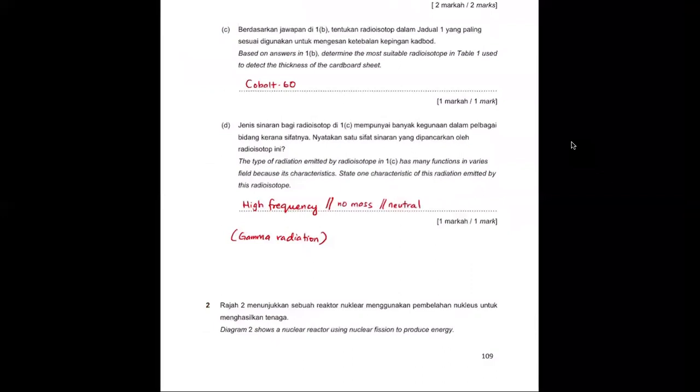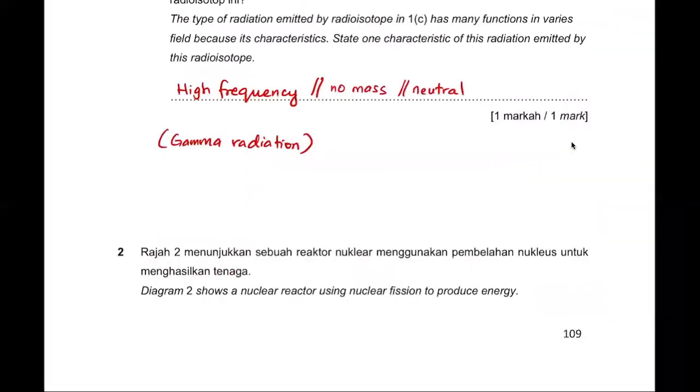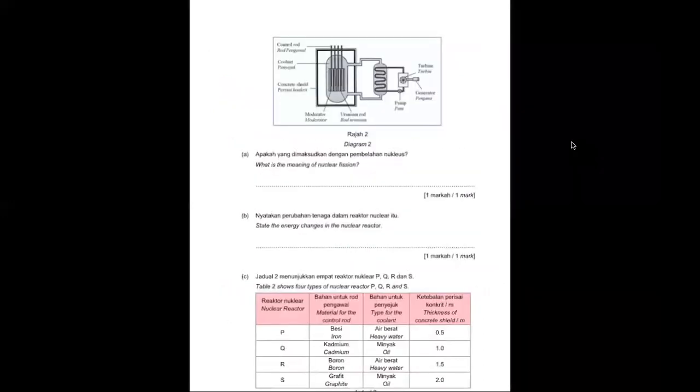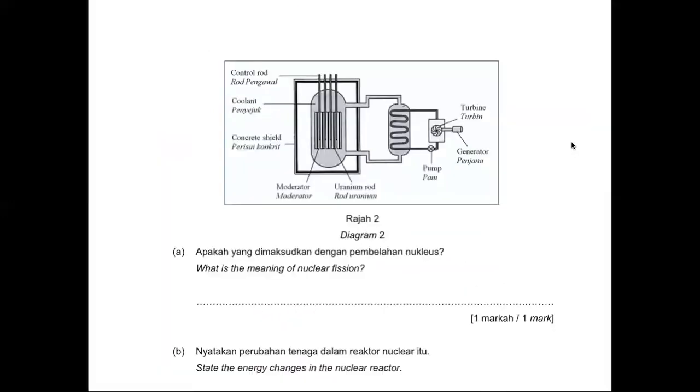Now we move on to question 2. In question 2, diagram 2 shows a nuclear reactor using nuclear fission to produce energy. Nuclear fission, or in BM is pembelahan nukleus. Okay, so this is the nuclear reactor.